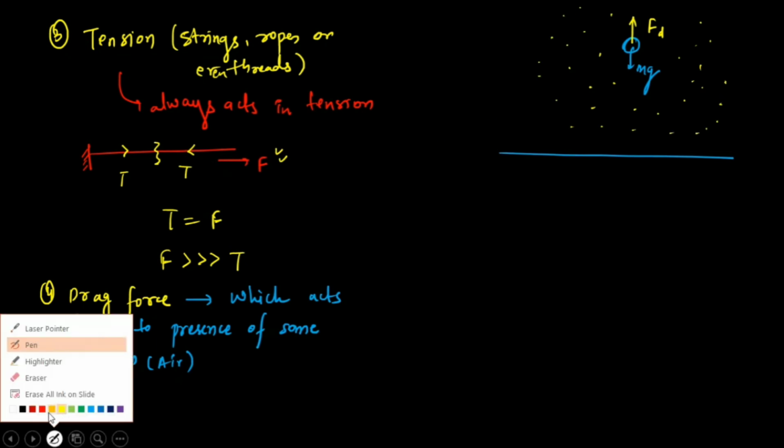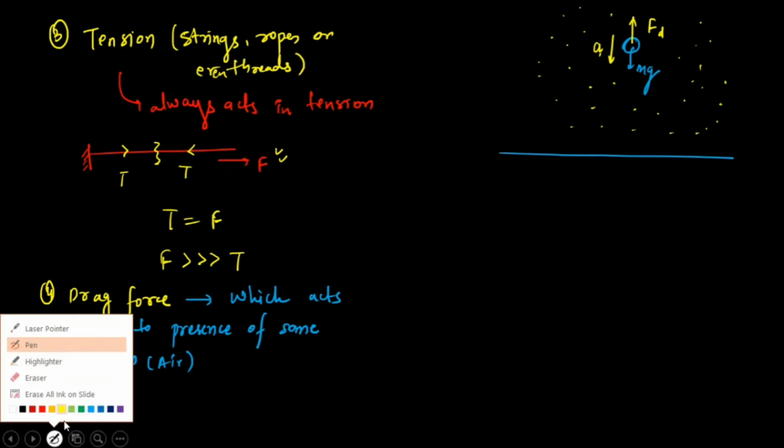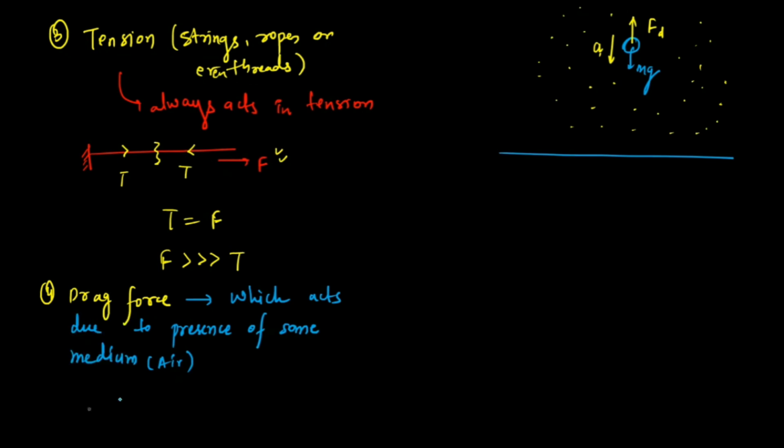So due to this drag force, the acceleration with which it is supposed to go down, which was initially supposed to be g, has changed. This acceleration becomes something other than g, and we can assume it as a. So now it must be going downward with some acceleration a, which is not g. And what force causes that change? It is the drag force.